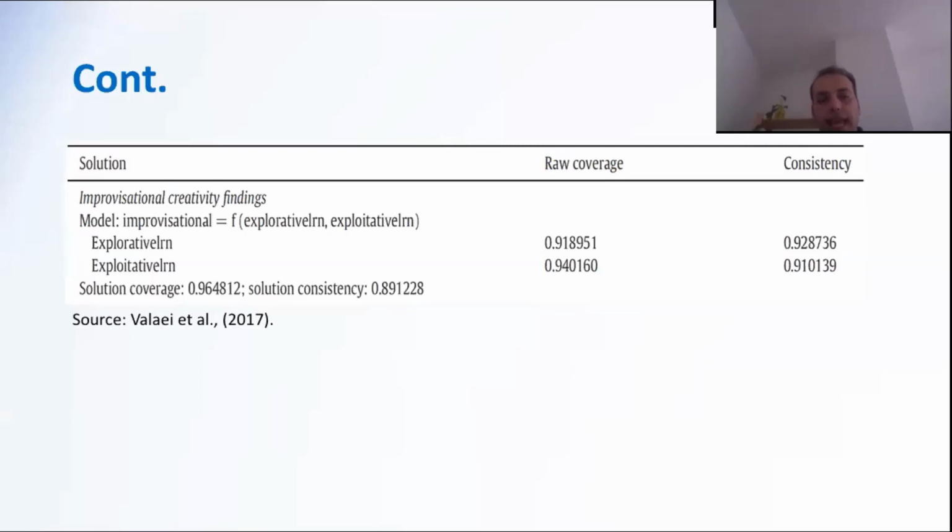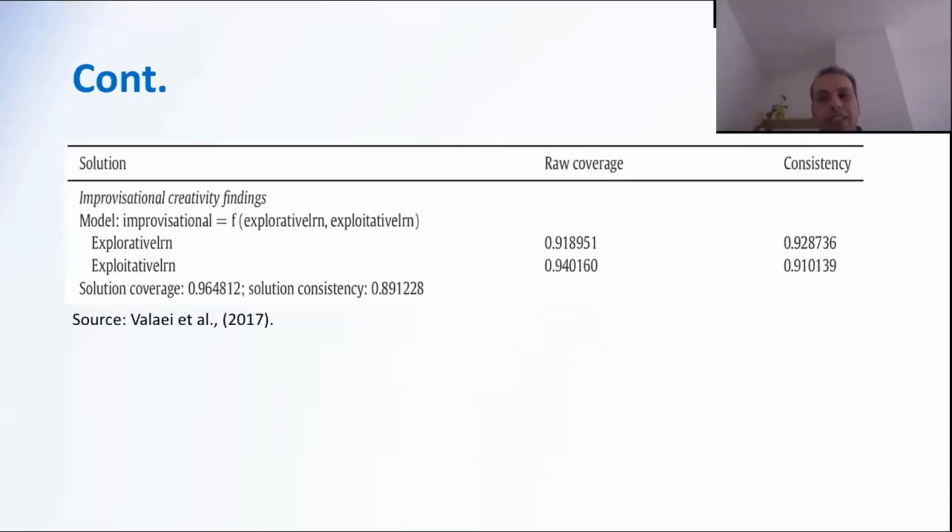Okay, so this is one of the outcome conditions in a truth table from my previous published research, which indicates that there are two pathways that lead to improvisational creativity. The first is a high level of explorative learning strategy, which is fairly consistent with the value of 0.929 and describes a satisfactory number of cases with improvisational creativity, coverage of 0.919.